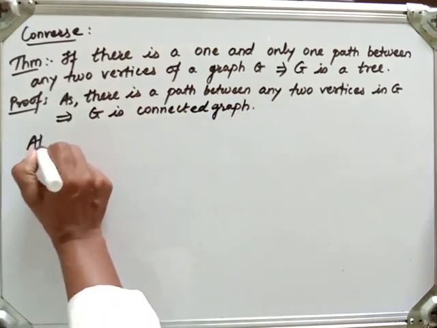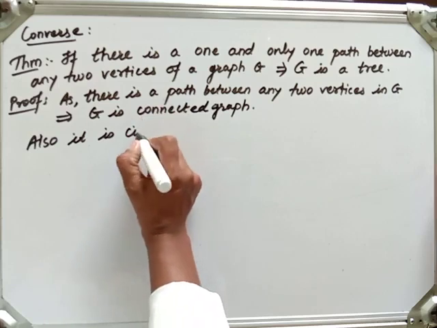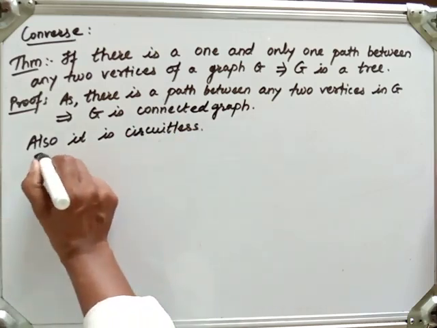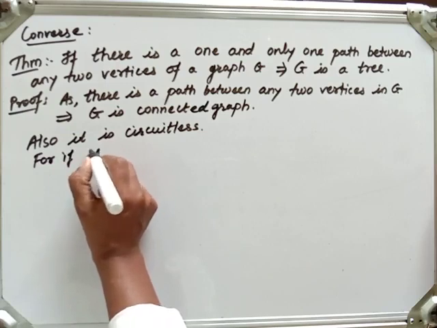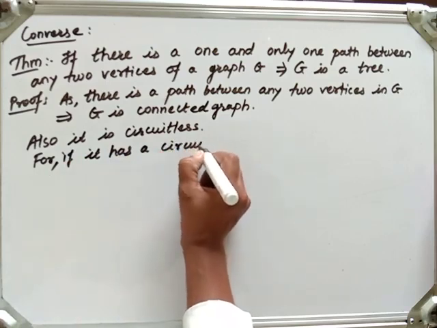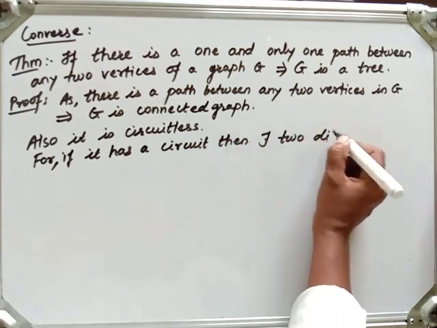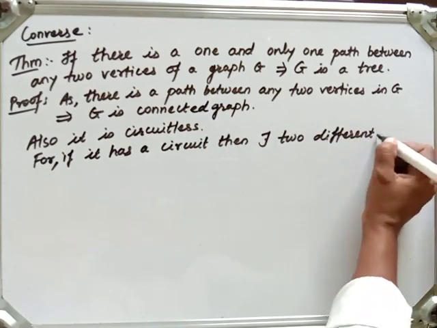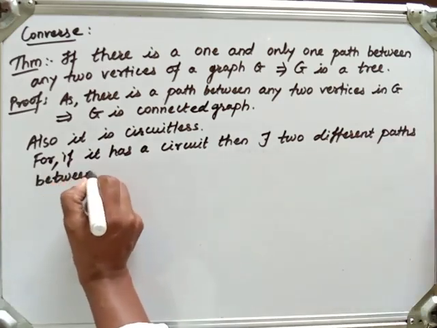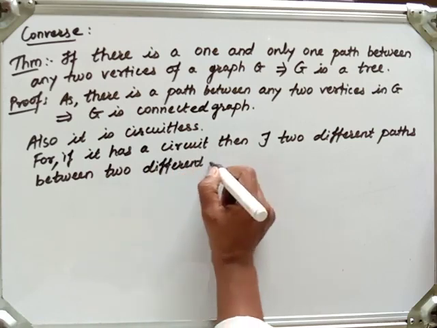Fine. Now also it is circuitless. Now, on the contrary, if we assume it has a circuit, then there exist two different paths between two different vertices, right?